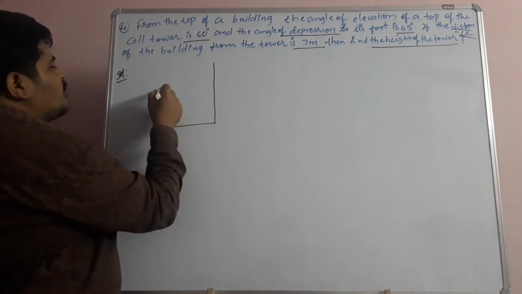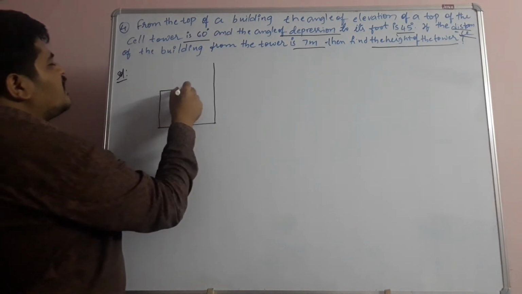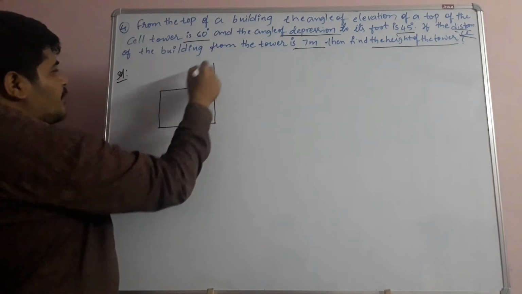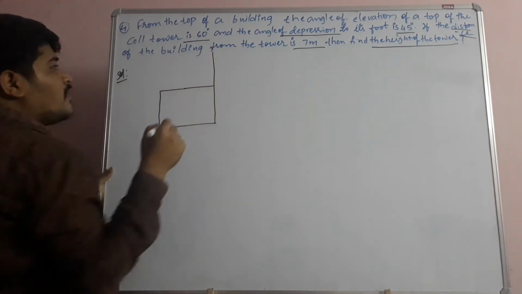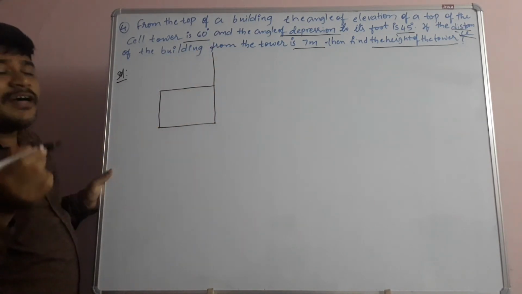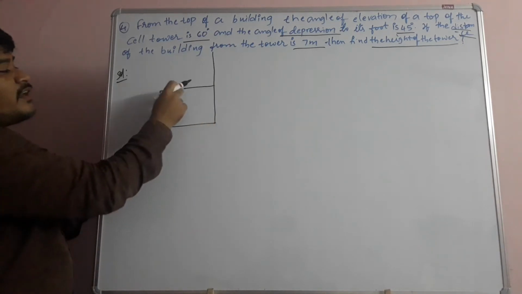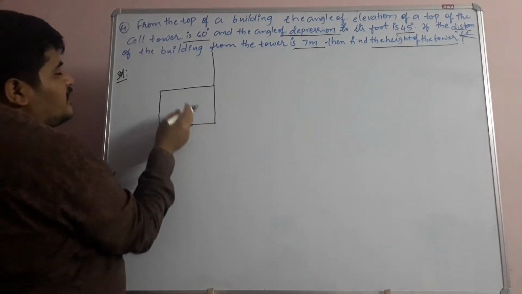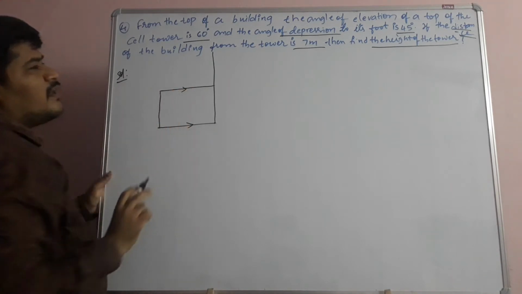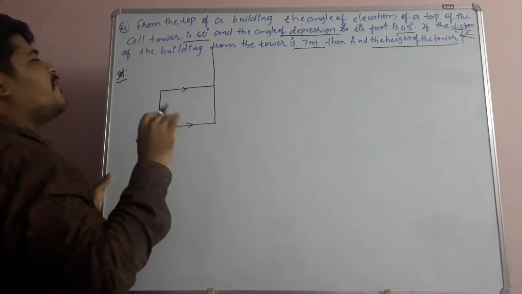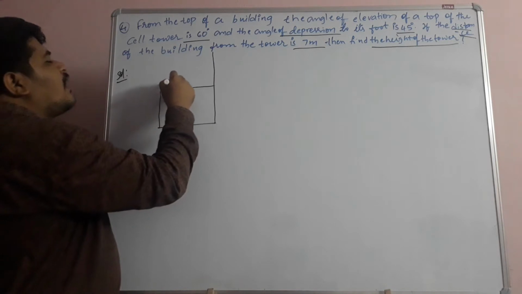Now children, suppose he is in the building. This is the horizontal line, and he is observing the top of the tower, and he is also observing the foot of the tower. This is the horizontal line. Children, the horizontal line is parallel to the base. Now the angle of elevation: he is observing the top of the tower.